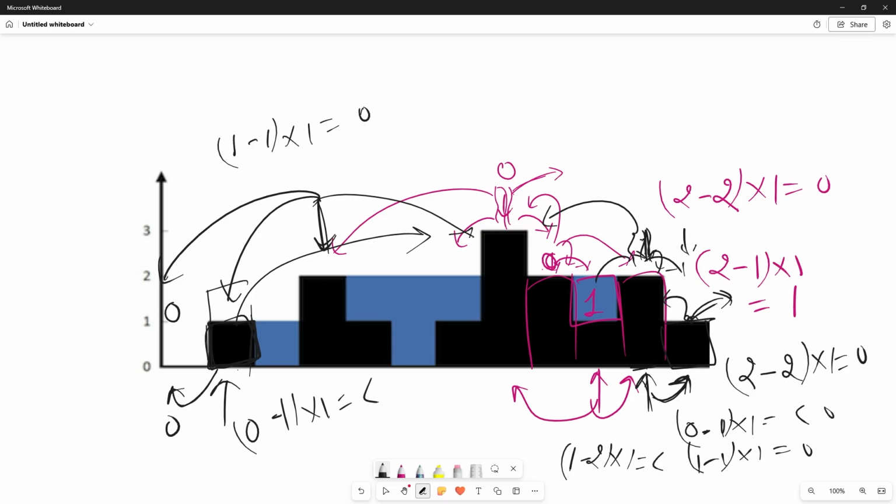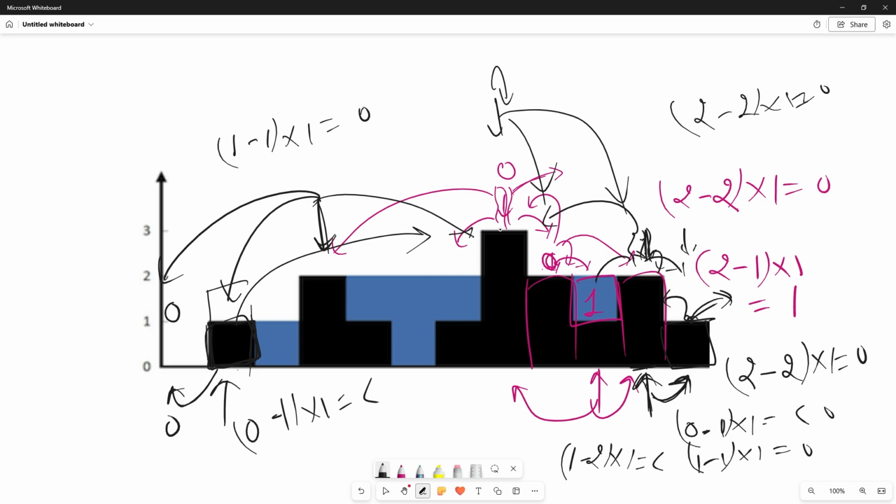But we can also say that at this position the maximum height bar toward the right is itself only. Then it will be 2 minus 2 into 1, which will be 0. So at this position the maximum height bar toward the right is either this one or itself, and in that case the result will be the same.